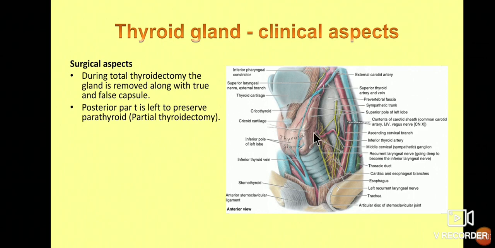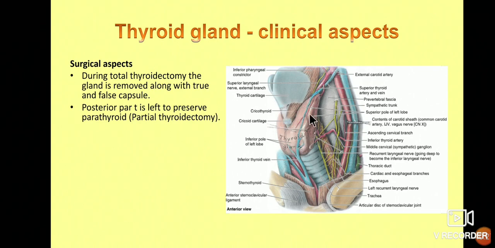In the same way, when you ligate the inferior thyroid artery, you should follow the opposite of this rule. That is, it is ligated away from the gland, because nearer to the gland, the recurrent laryngeal nerve is intimately related to this artery. So there is a chance of injuring this nerve.